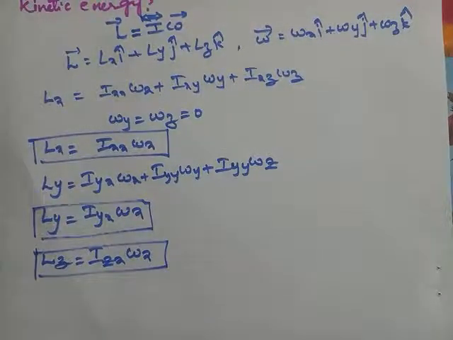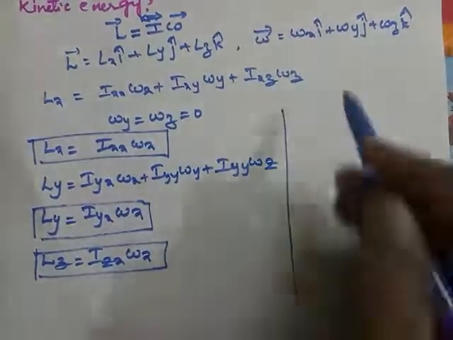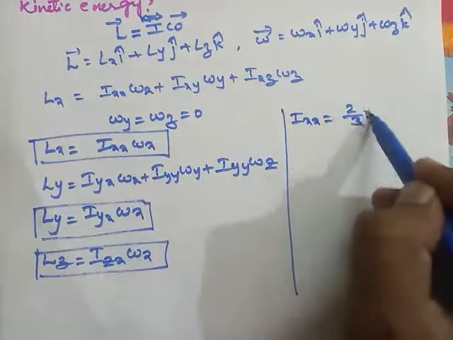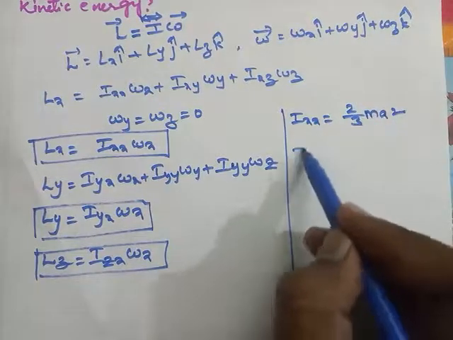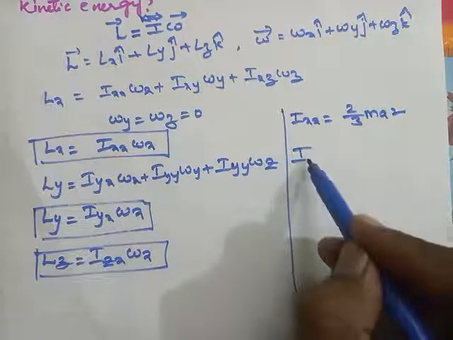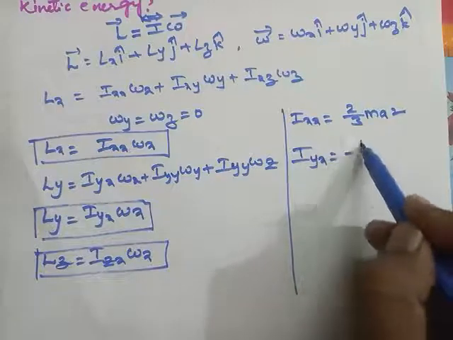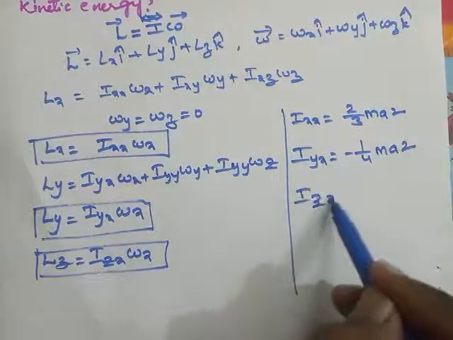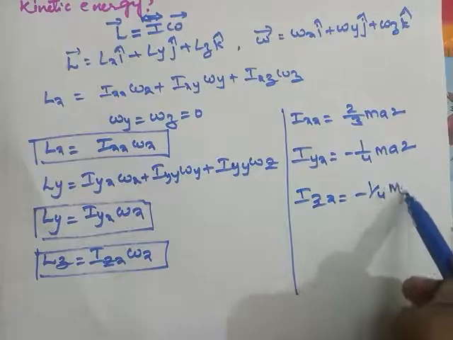We got three components. From the previous equation we got the Ixx value as 2 by 3 m a square, the Iyx value will be minus 1 by 4 m a square, and the Izx value is how much? Minus 1 by 4 m a square.